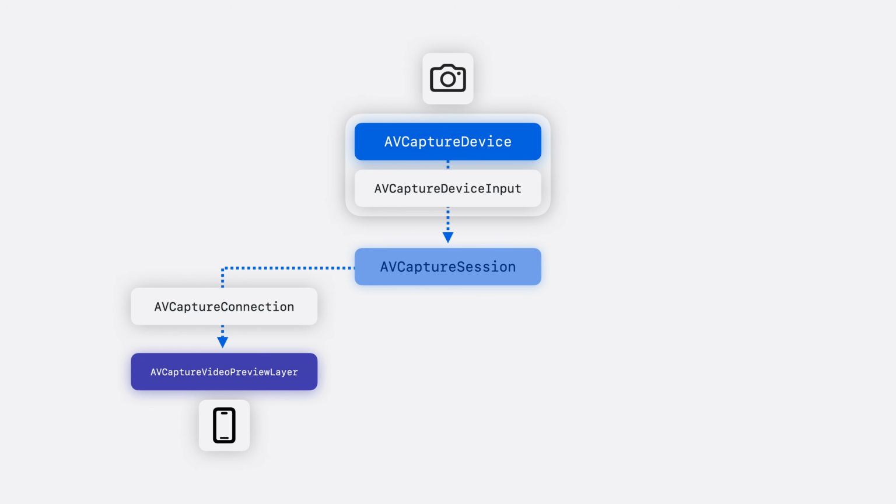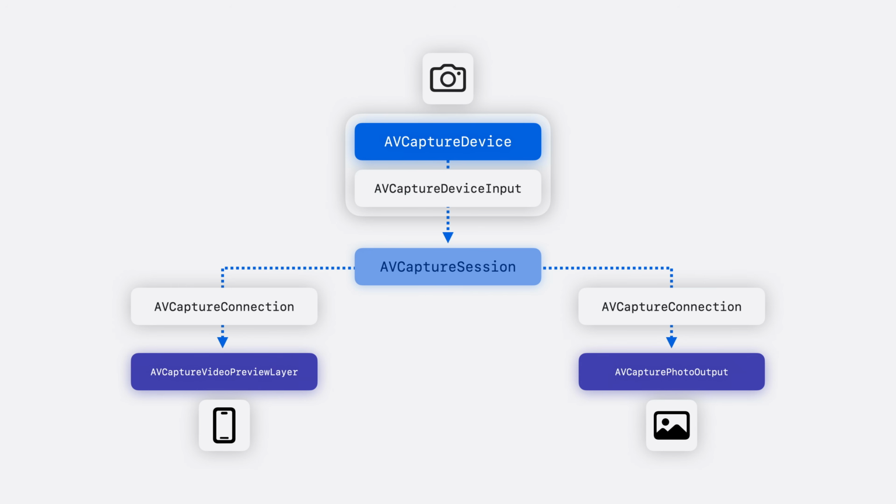In this example, I want two outputs, one for preview and one for capture. The AV Capture video preview layer is the output for displaying the preview, while the AV Capture photo output serves as the output for image captures.